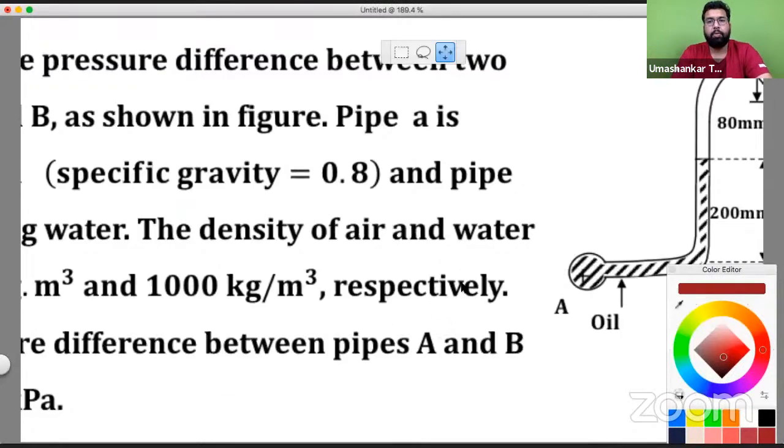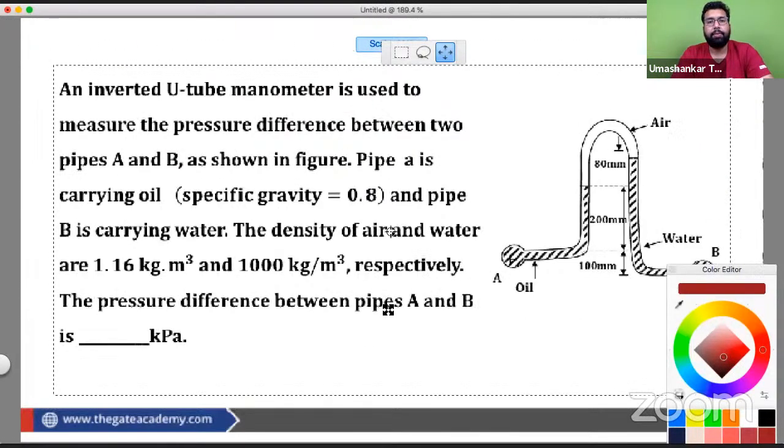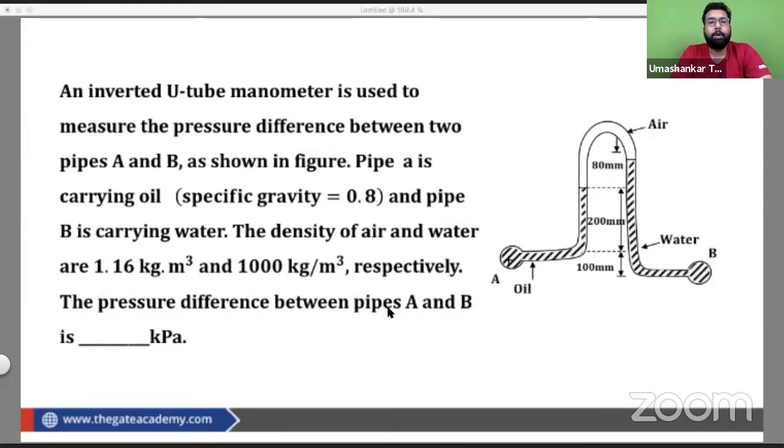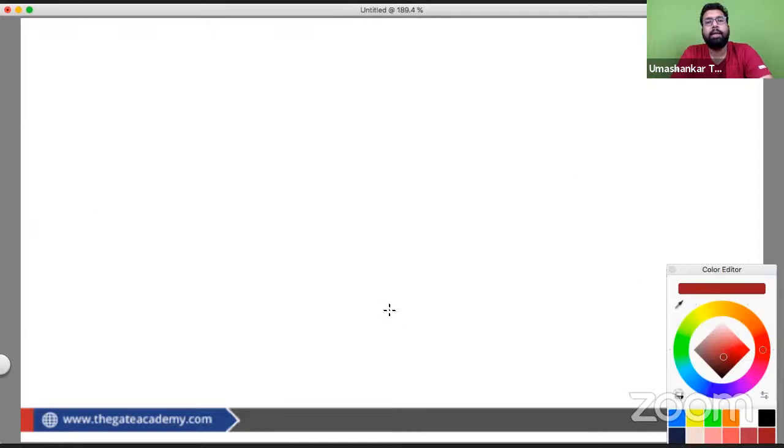We do see this kind of questions. Sometimes a manometer inverted. This is an inverted U-tube manometer. We have a simple U-tube manometer. We sometimes have the piezometer also. We have single column vertical manometer. We have inclined column manometers like that.